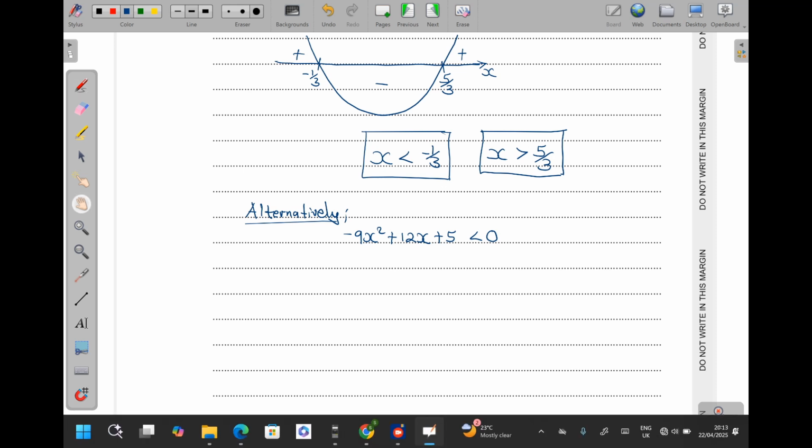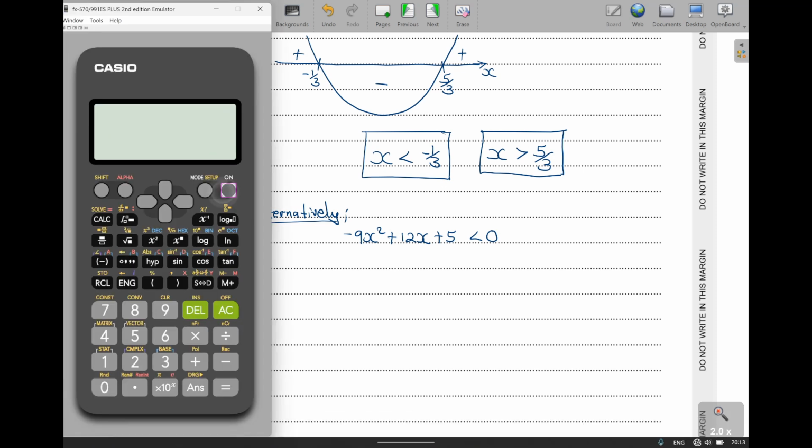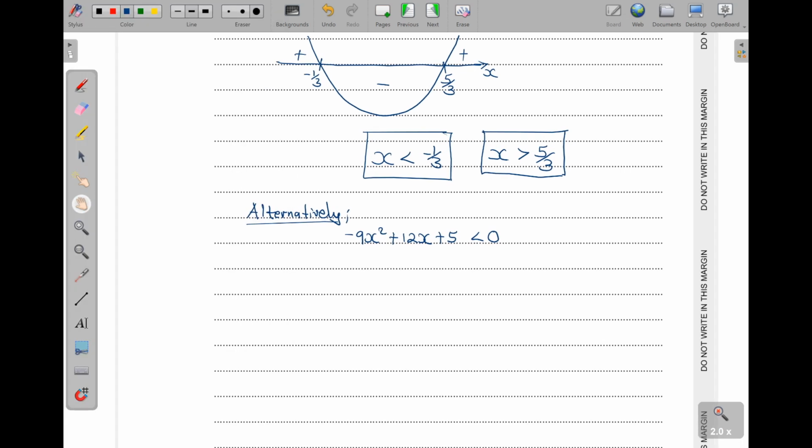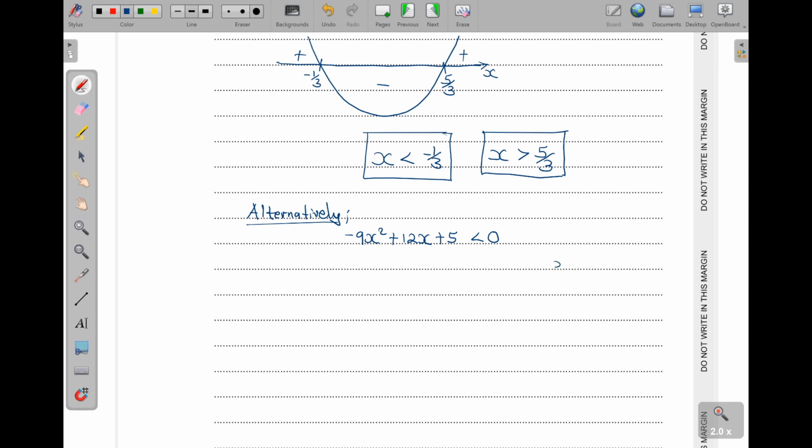Now if I put this one in the calculator, -9, then +12, and 5, it is going to give me the same values, 5 over 3 and -1/3. x is equal to 5 over 3 and x is equal to -1/3. Now, when you try to bring them back, you will get 3x minus 5 and also 3x plus 1.